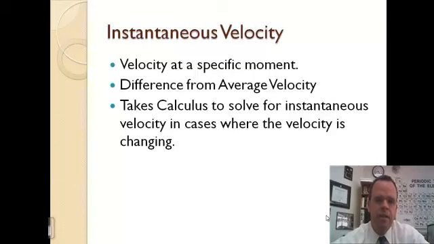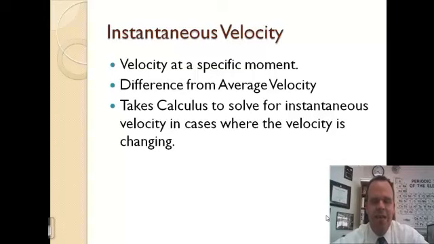The difference is really easy to see when you think about your drive to Woodward. You may drive to Woodward at, say, an average velocity of 35 miles an hour. But at any given moment, you may be going at 0 miles an hour at a stoplight or at a stop sign, all the way up to, say, 60 or 70 miles an hour on the interstate.